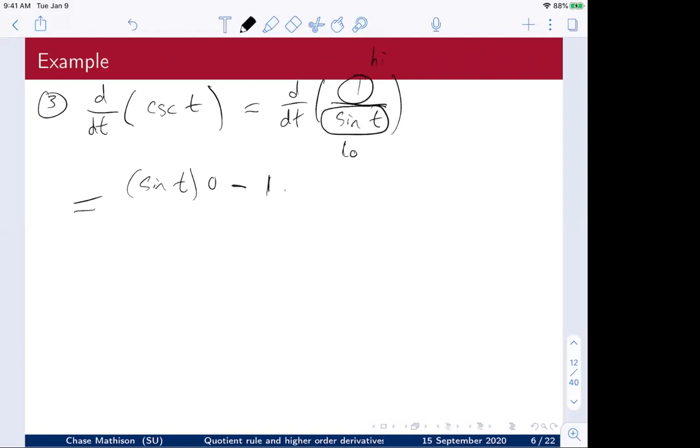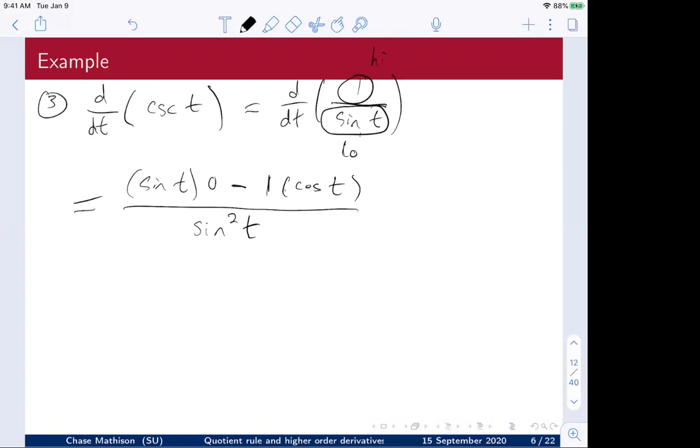D low, what's d low here? So low is sine of t, careful. So d low, cosine of t, perfect. Cosine of t over the square of what is below. Low d high minus high d low over the square of what's below.